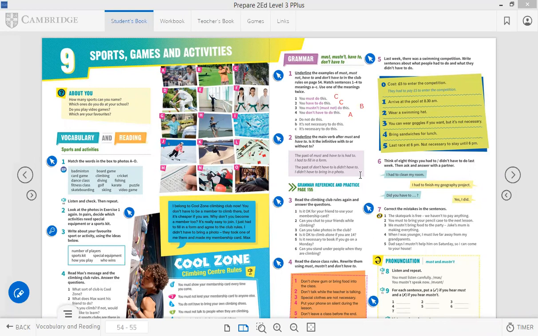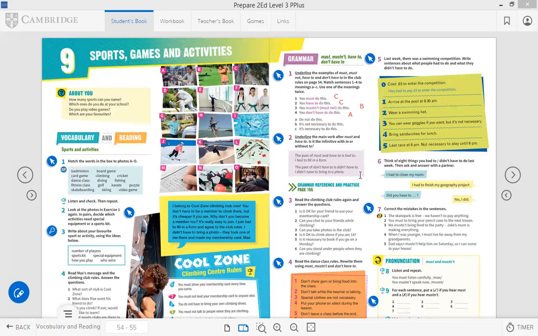Okay, exercise number 2. Underline the principal verb, the main verb after must and have to. Is it infinitive with to or without to? The past of must and have to is had to.